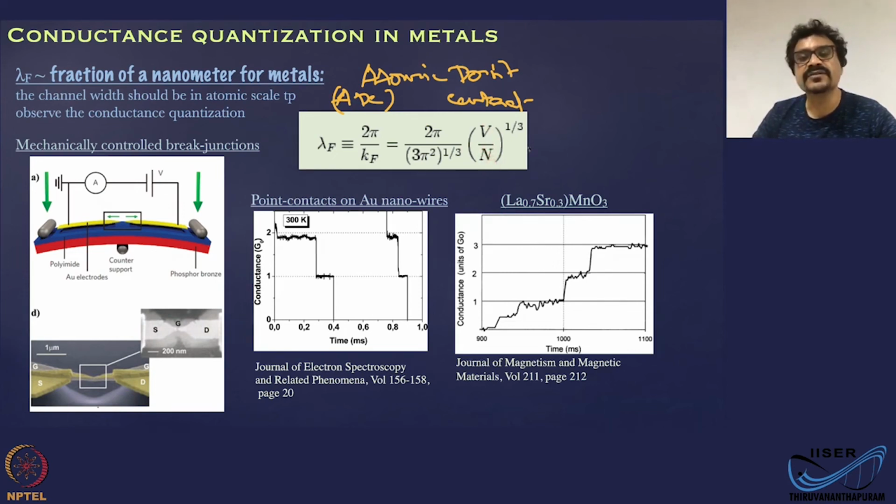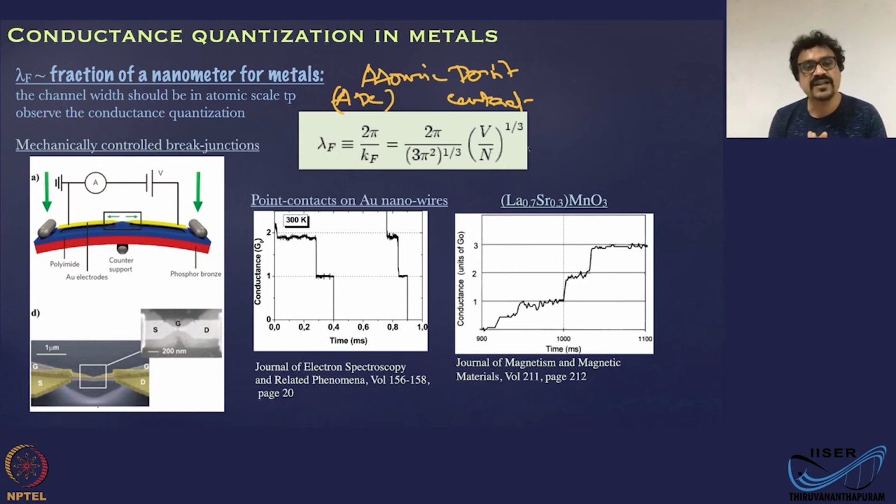So for metals, the carrier concentration is very, very high. The lambda F is of the order of the interatomic distance or interatomic scale. So what that means is, to observe this effect, you need to have the device dimension comparable to lambda F or smaller. Then only you can see the quantization effects.